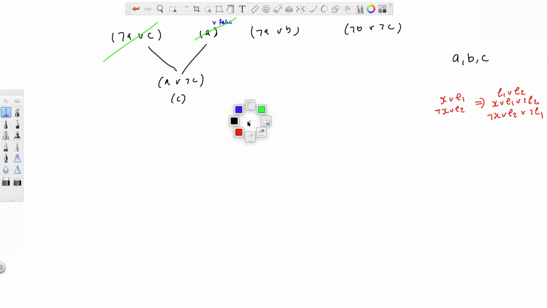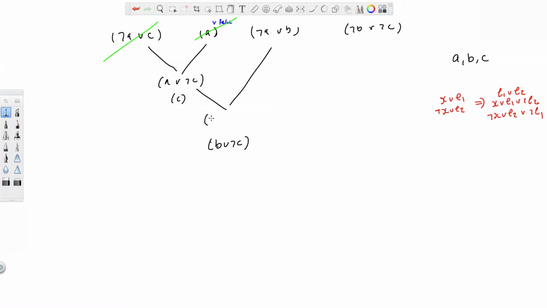So let's go ahead and do it. And if I resolve this with that, then I'm going to get the resolvent, which is B or not C. And then I have to add 2 compensating clauses. Can people try to type what these compensating clauses are? Remember, I get this guy and I add something to it, and I get this guy and I add something to it.